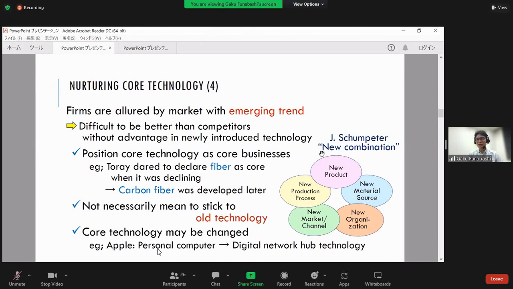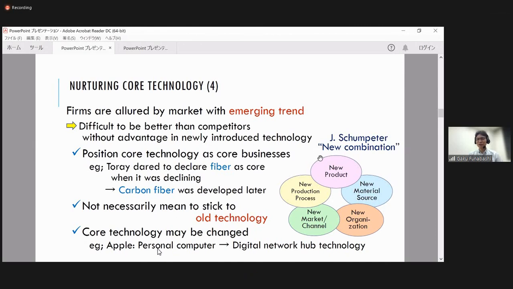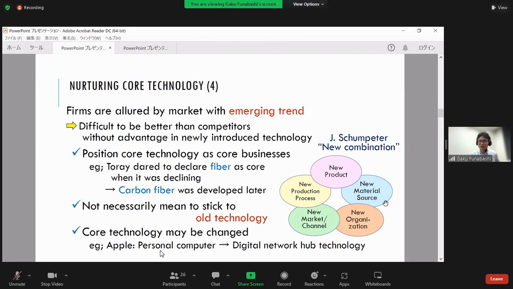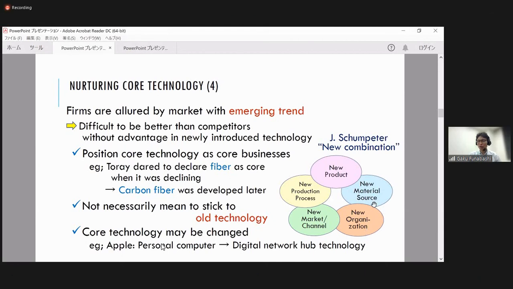He used another word, new combination. By combining something different, then you develop a new product, or new production process, or new material source, or new market channel, or new organization. All these are innovation. Innovation is made by combining something new.